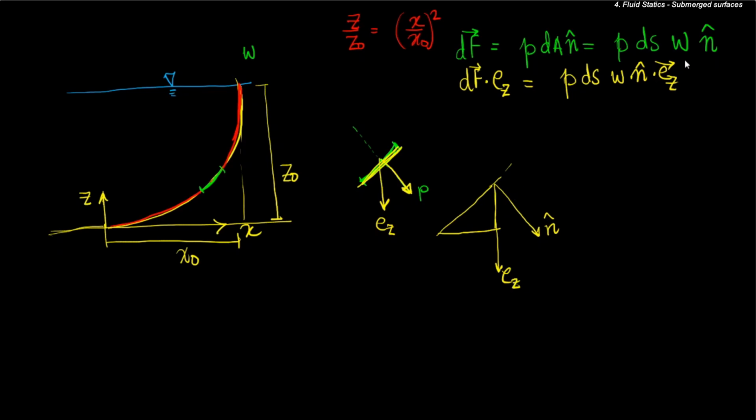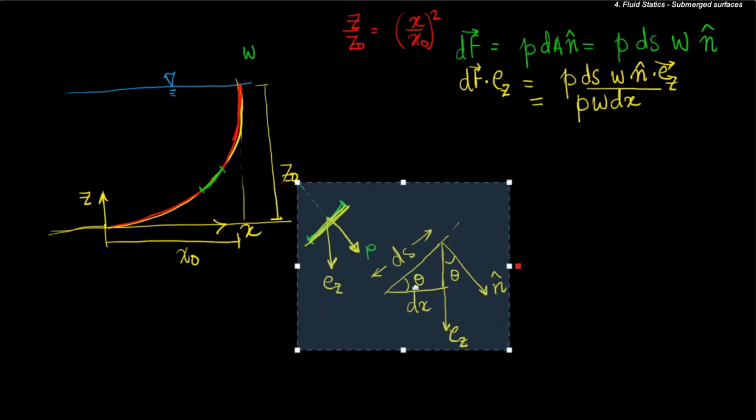So now n dot ez is the cosine of this angle, and so if this length is ds, it will be ds cosine theta, essentially it becomes dx. So this becomes p, so w times ds times this cos theta, so it becomes dx.